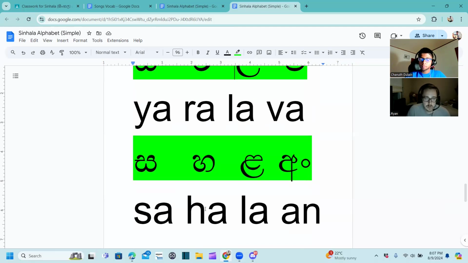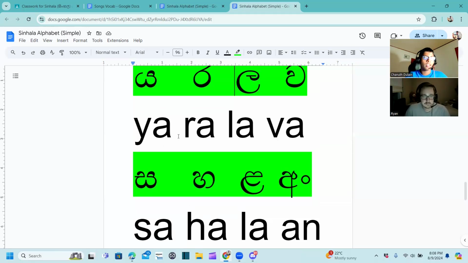It changes the meaning, but the sound is the same. The difference between the two is just in writing. The writing and the meaning, basically.